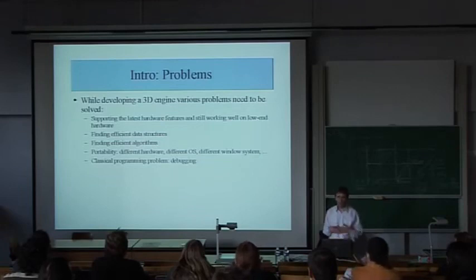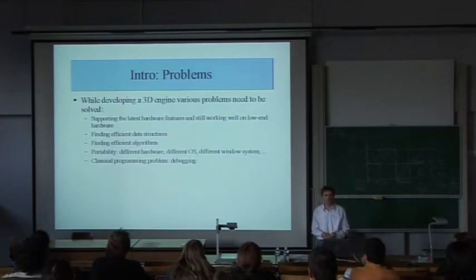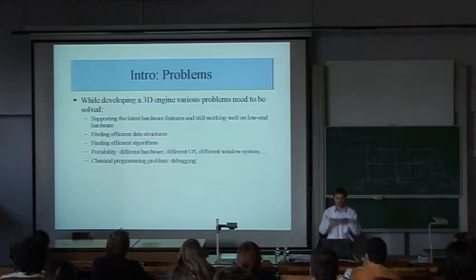Other problems are finding efficient data structures, which is very important in a 3D engine because there's really a lot of data that is stored, all the objects, all the data associated with objects, how they are organized. And it has to be stored very efficiently because otherwise you lose speed very quickly. Efficient algorithms are very obviously needed, of course.